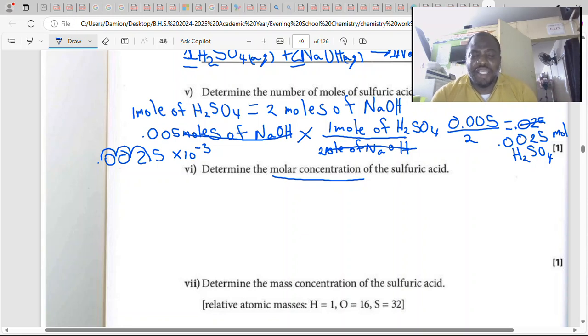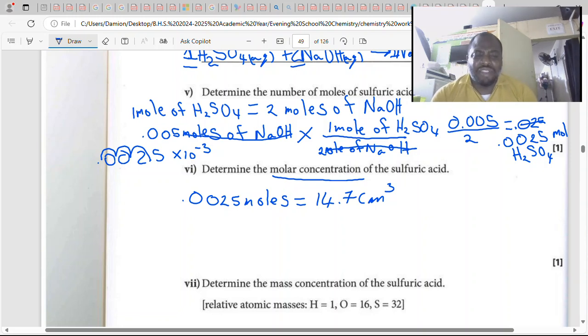That would have been linking back to the volume that we used in our experiment. So that would have been 0.0025 moles would be in 14.7 centimeter cube.